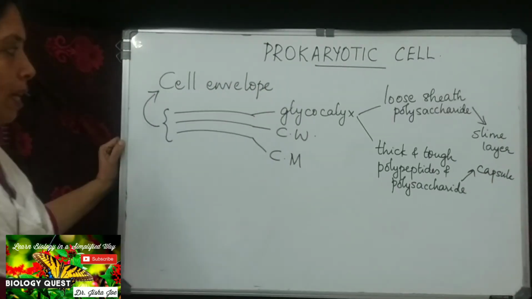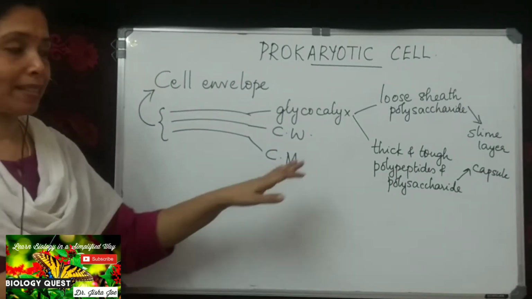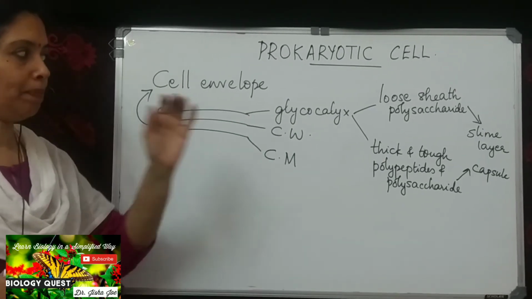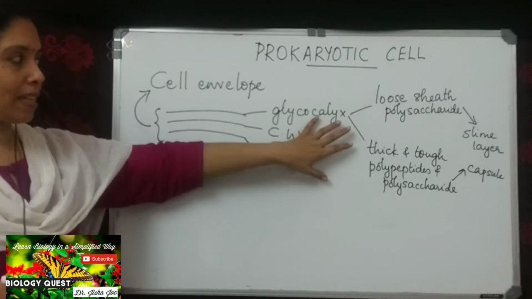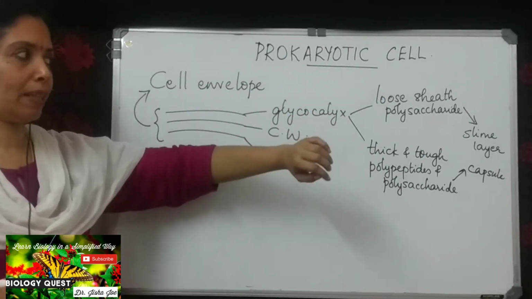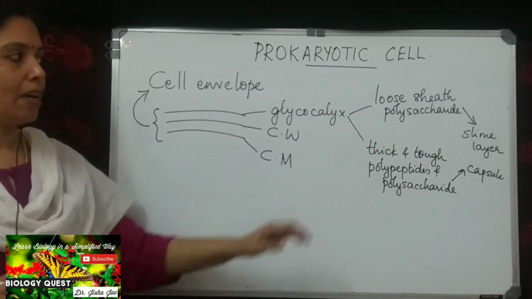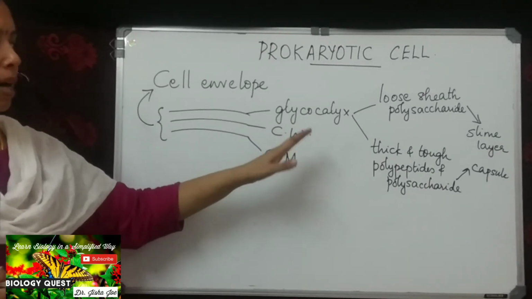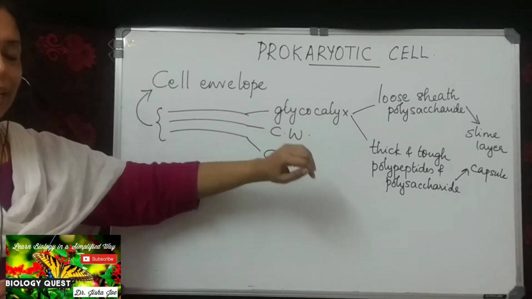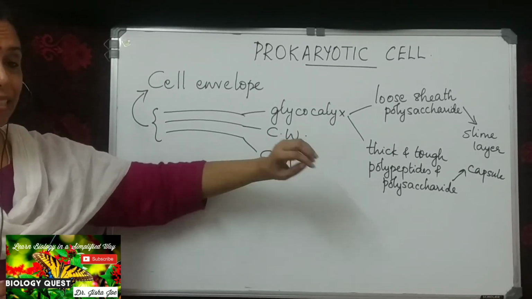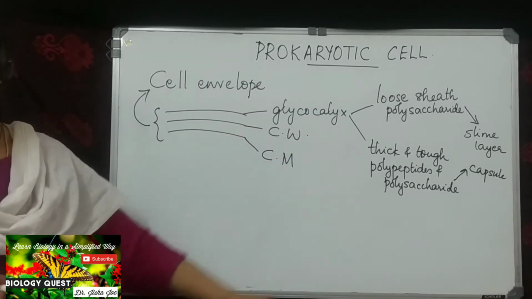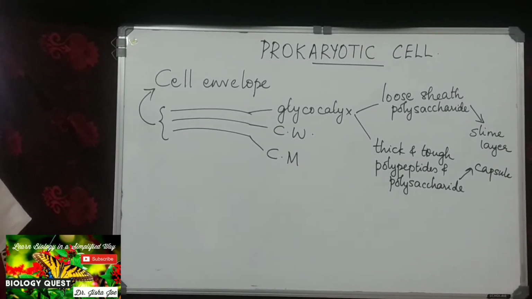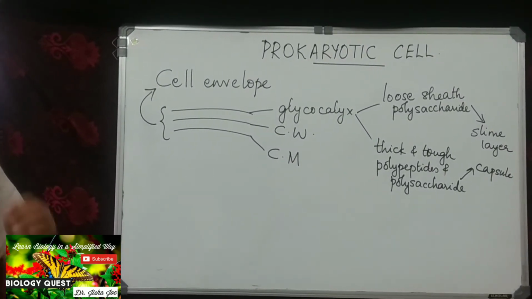So glycocalyx is the outermost layer of the cell envelope in bacteria. If it is a loose sheath made of polysaccharide, it is called the slime layer. Whereas in some other bacteria, when the glycocalyx is a thick and tough layer formed of polypeptides and polysaccharides, it is called a capsule.